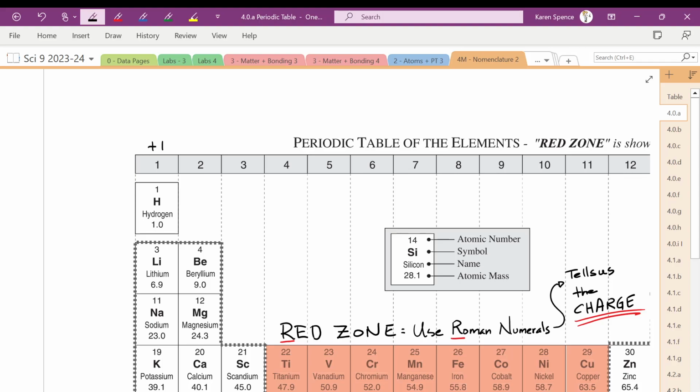Yes? But I do not need to say Lena R. I do not need to say John L. Yes, because there's only one John and one Lena in this class, so I don't need to distinguish them by their last initial, okay?